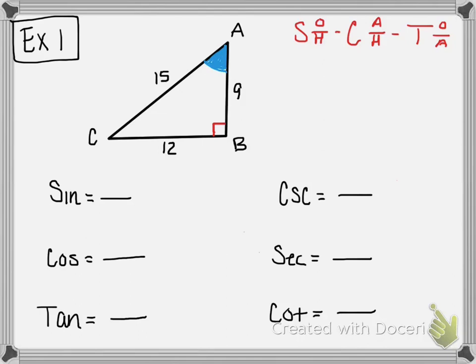So based on angle A, the opposite side is 12, so I'm going to label that with an O. You could even write the word opposite if you want to. 12 is opposite angle A. Hypotenuse is the longest side, so that means 15 is going to be my hypotenuse. You can label it with an H, or you can write out the word. And finally, side 9 is that side that's right next to that angle, so that was called the adjacent side.